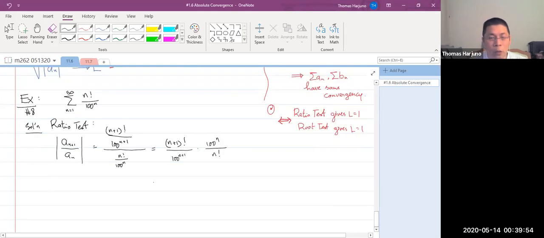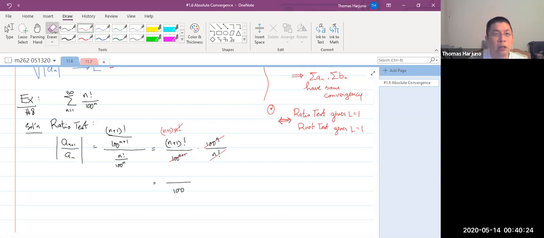Notice that this cancels to be over 100, while n plus 1 factorial is n plus 1 times n factorial. So the n factorial cancels, and I end up with n plus 1.